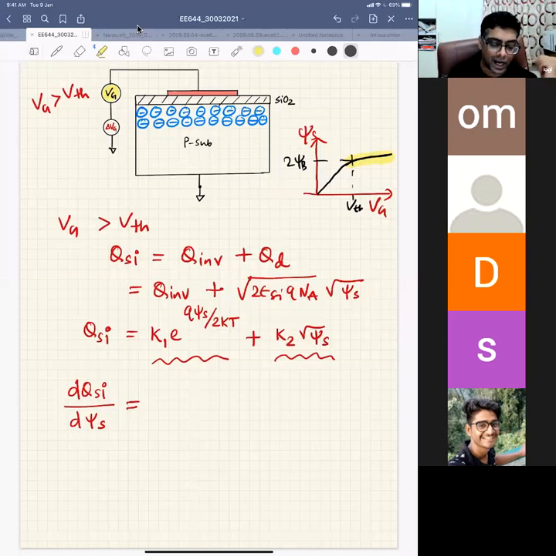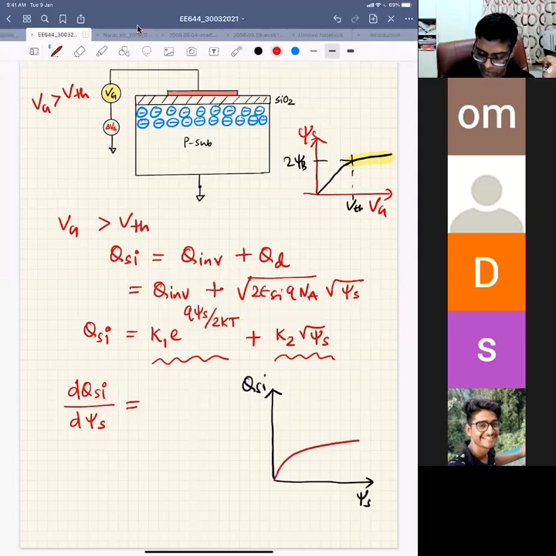because if you see psi s as a function of Q silicon, we had seen that, right? We have your depletion charge, which is root over psi s, and we have our inversion charge, which is exponential in psi s. If you add both of these, you have some charge, something like this, right?